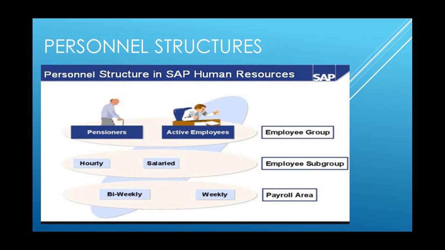You classify them based on the nature of the work, and call them salary or hourly. Weekly and bi-weekly, or monthly or semi-monthly, is the payroll area, however the contractual agreement you have with your employees, you tag them according to that into a particular payroll area.